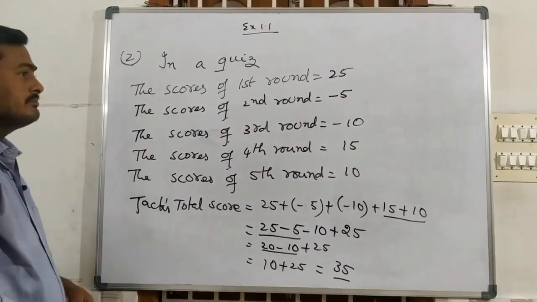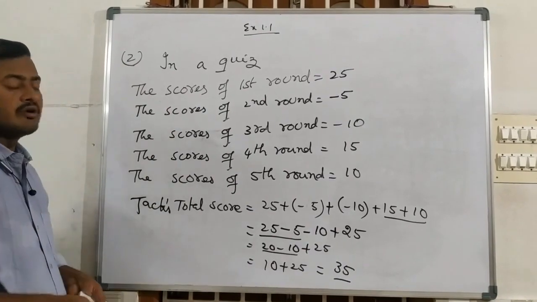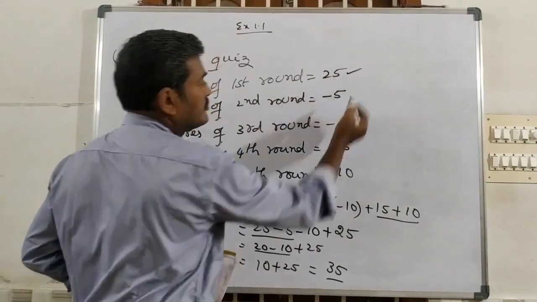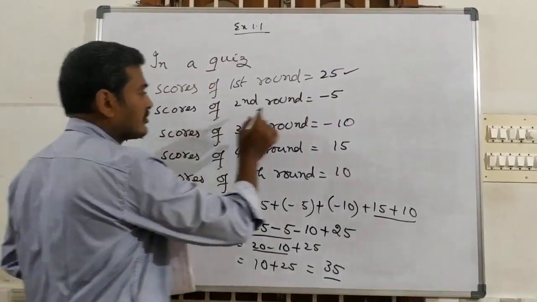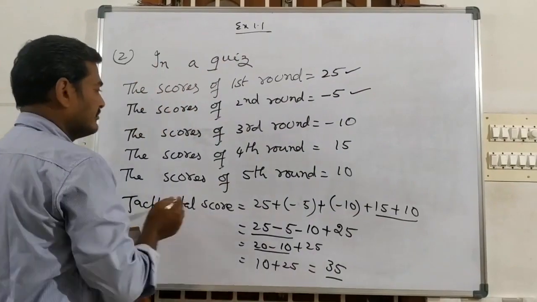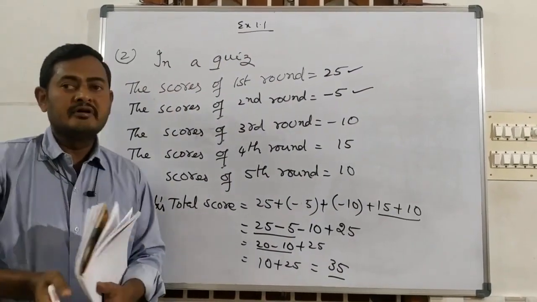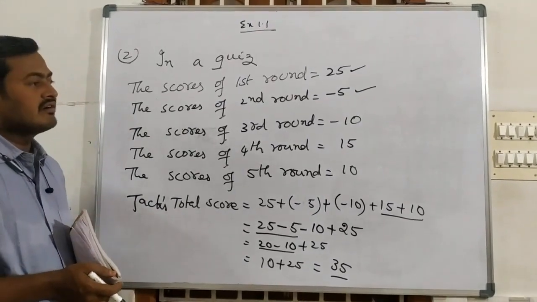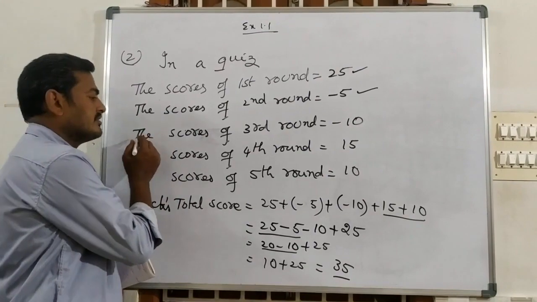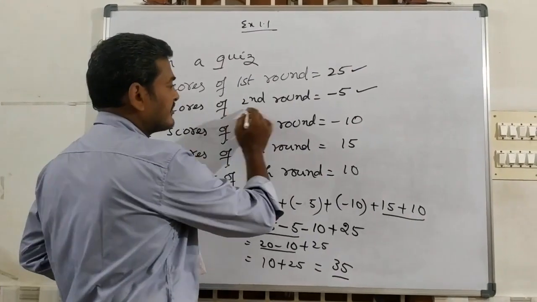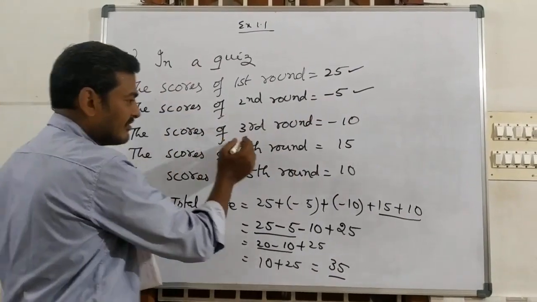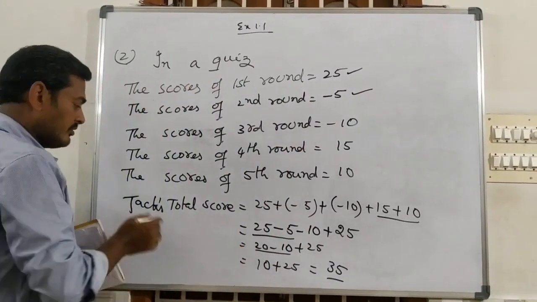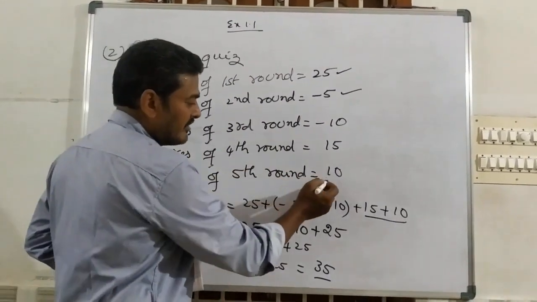So in a quiz program, there are 5 successive rounds. In these 5 rounds, the first round score is 25. The score of the second round is minus 5. In this quiz program there are positive and negative marks: for a correct answer, plus; for a wrong answer, minus. The third round is minus 10, the fourth round is 15, and the score of the fifth round is 10.